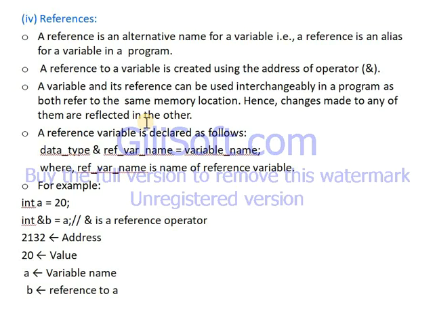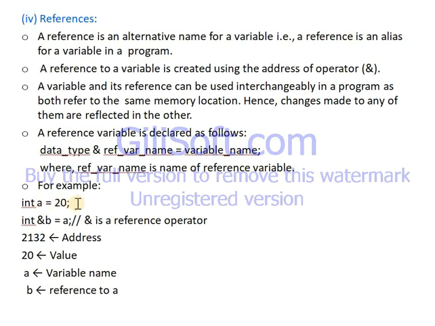Means here, take an example. First we will see syntax for creating references. First you specify data type, next address of operator, next the reference variable name, and here is a variable name. For example, here one variable is declared of integer type a, which has a value 20.